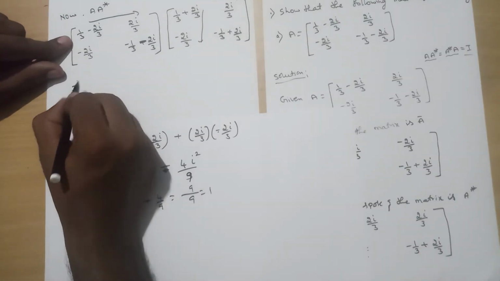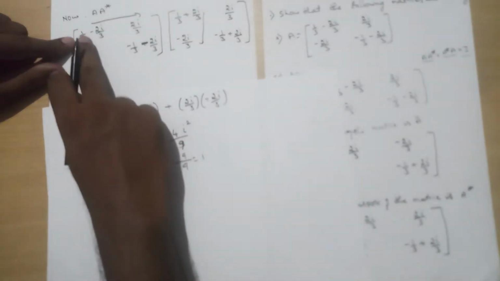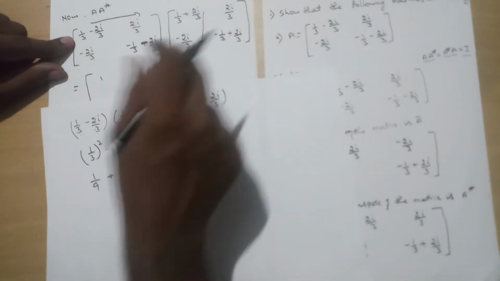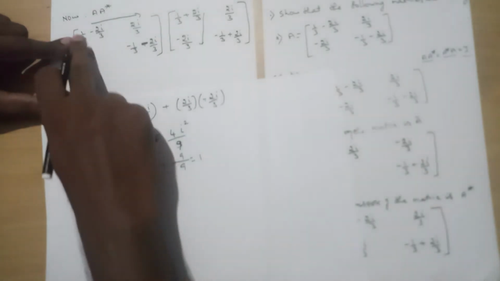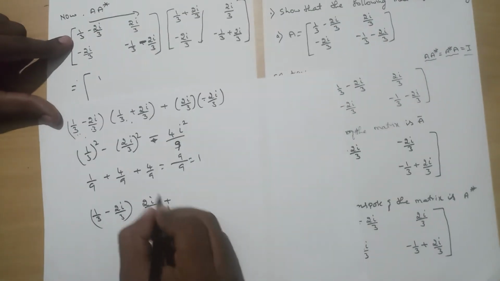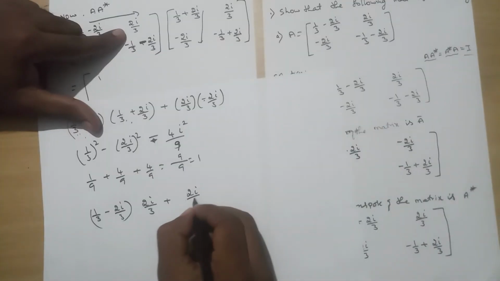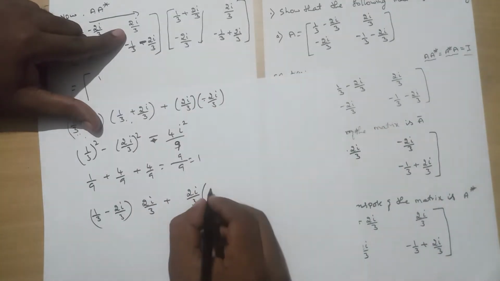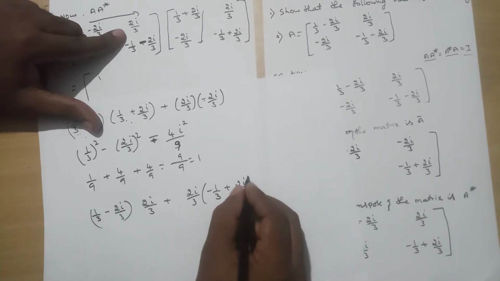Now if I take here this into this row, so what do you get? 1 by 3 minus 2i by 3 into this one. So what do you get? 2i by 3 plus here what do you get? 2i by 3 into minus 1 by 3 plus 2i by 3.